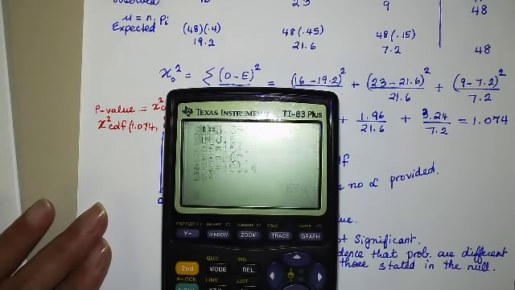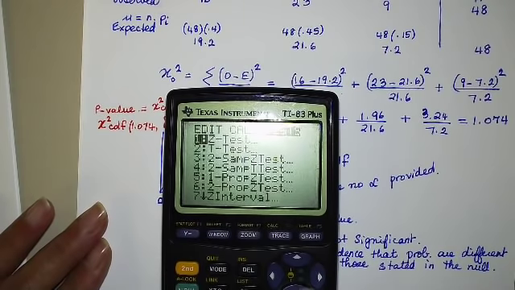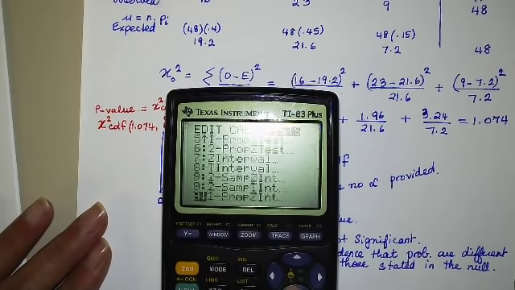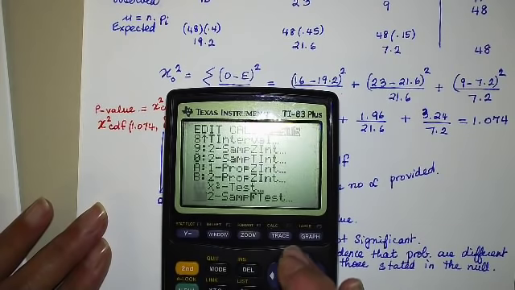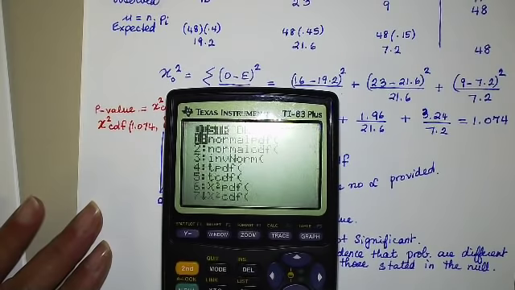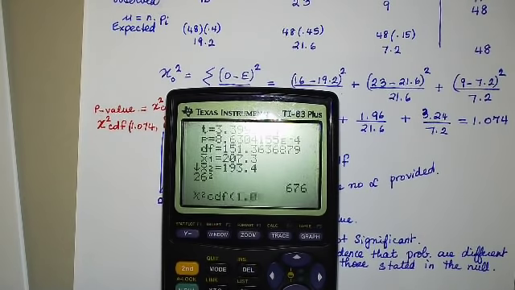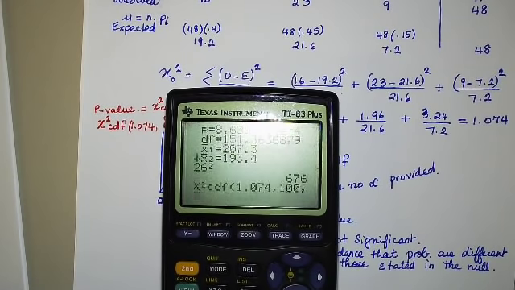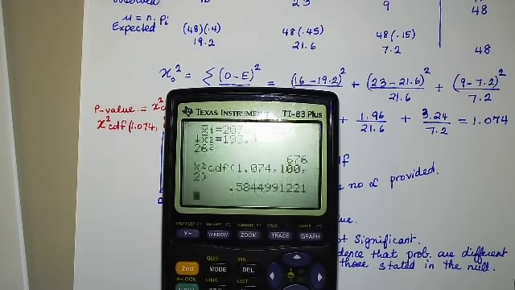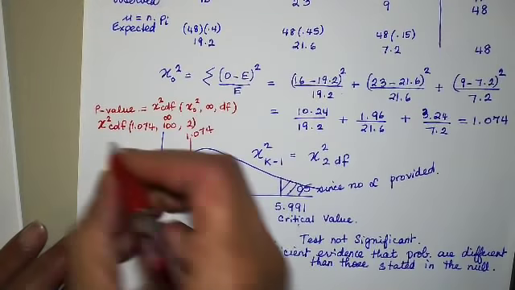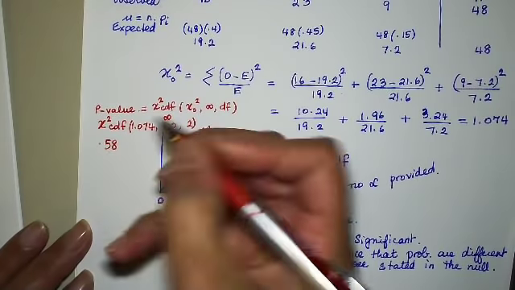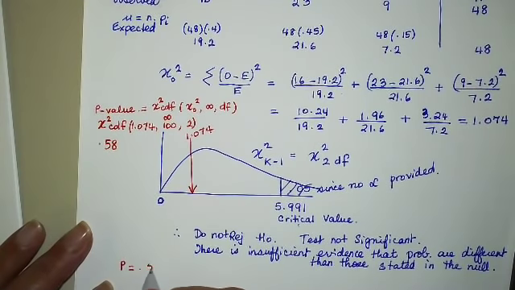Let's see. Stat, test, chi-square, no stat test, no. Second distribution, chi-square CDF of 1.074 comma 100 comma 2. 0.58. 0.58 is the p-value.